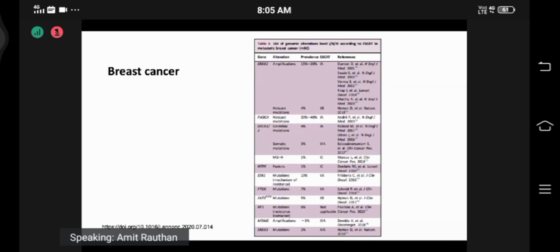With one of these, capivasertib is approved in hormone-positive patients as they progress into second-line therapy in the metastatic setting. So if we need to get all this information, then doing an NGS is becoming important. That's the reason why in progressive breast cancer we do NGS testing to find out all these abnormalities.